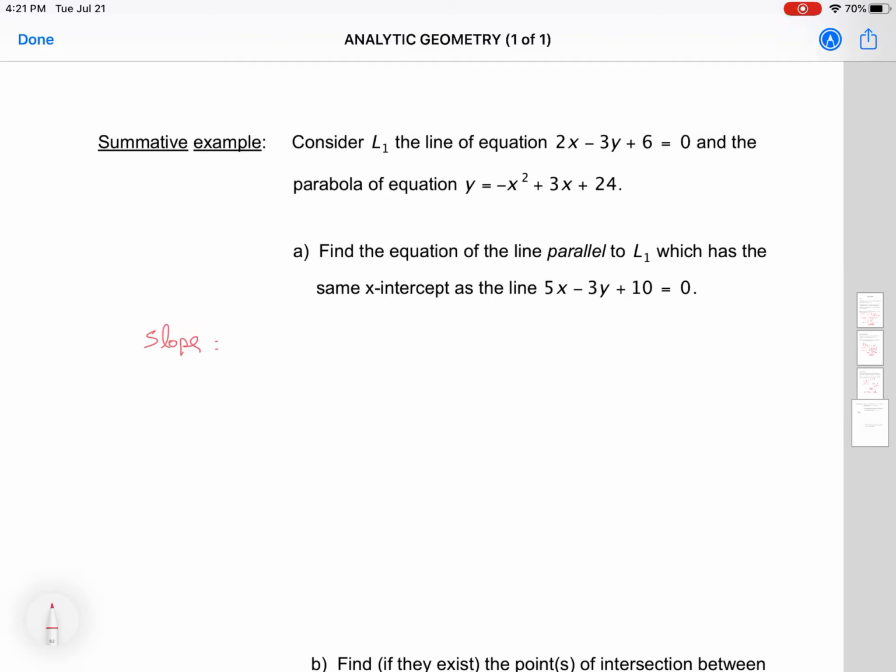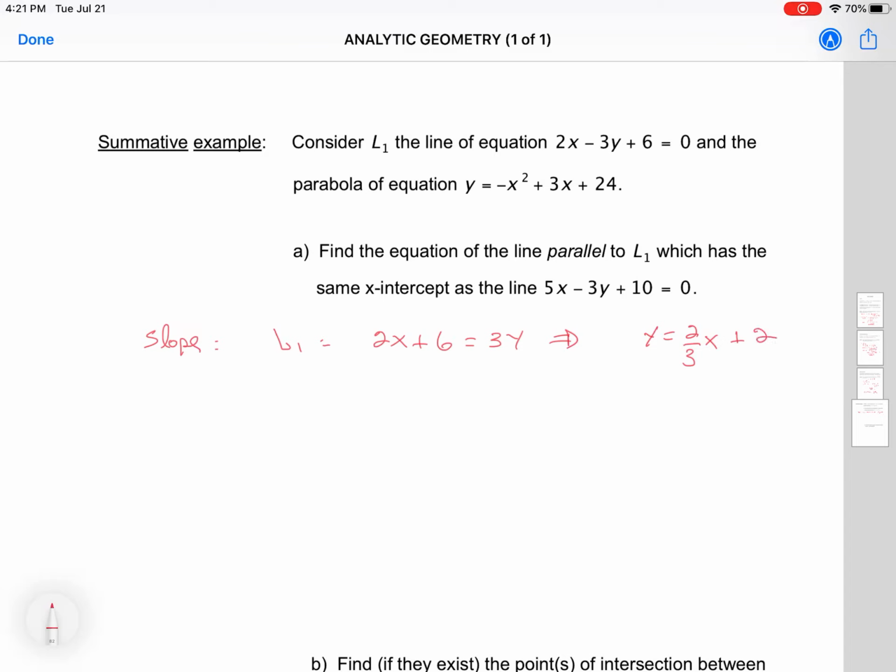Searching first for the slope. Since the two lines are parallel, we need to extract the slope from L1. L1 is what? 2x plus 6 is equal to 3y.